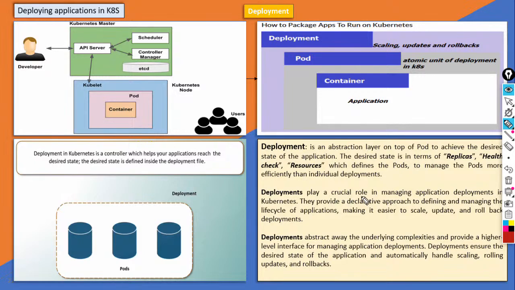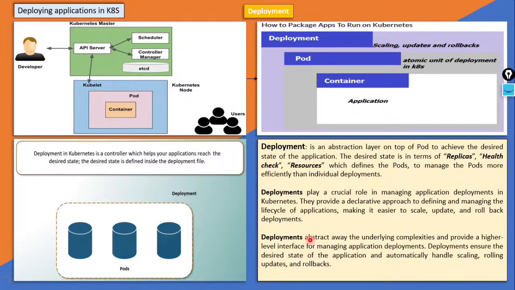Deployments play a crucial role in managing application deployments in Kubernetes. They provide a declarative approach to defining and managing the life cycles of applications, making it easier to scale, update, and rollback, and you achieve automatic scaling. It is only possible because you have used dynamic deployment of the pod. Because you have gone for an abstraction, you must have some concept of object-oriented programming.